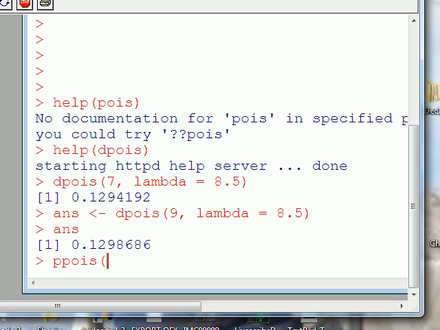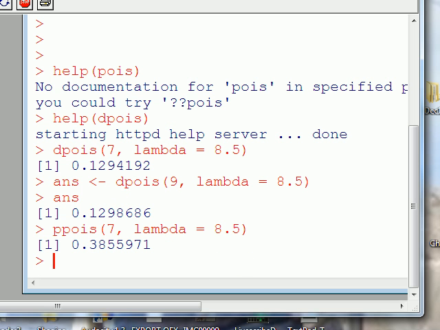Alright, I want to know if it's possible to sell at least, say, 7 houses. That means I would have to, if I do this by hand, find the probability for 0, 1, 2, 3, 4, 5, 6 and add them up. It's going to do it automatically. I specify my lambda and I get the answer. It's about 40% chance that I will sell at least.